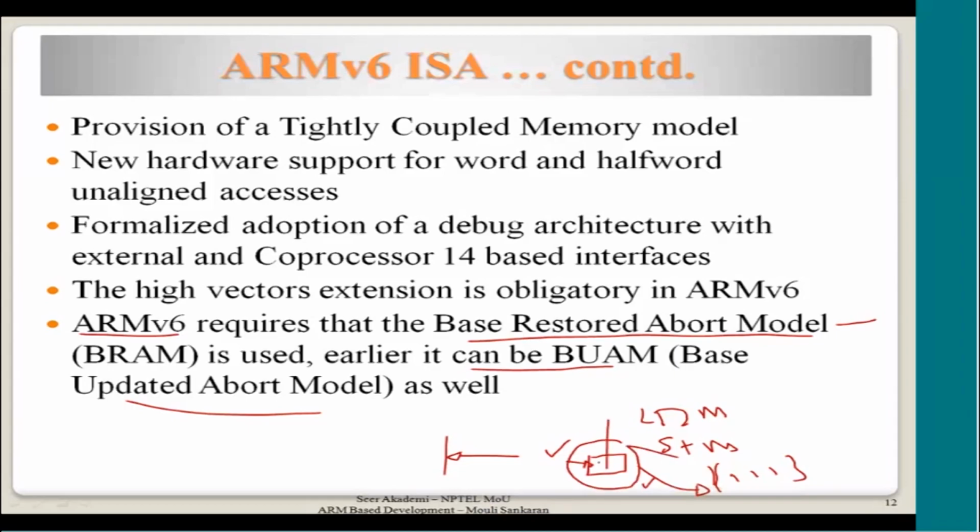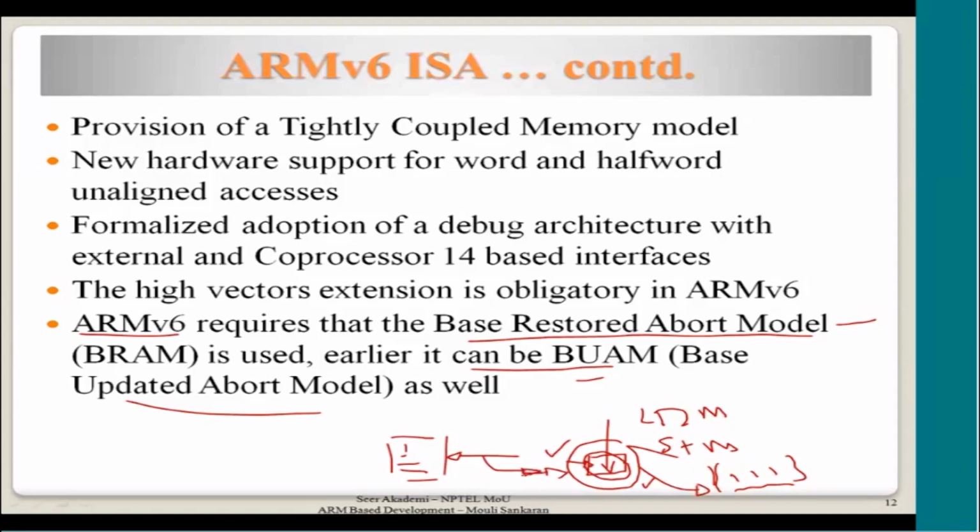So if it is restored, it is easier after the exception to restart the instruction because you don't see that the base register is changed when you enter the exception handler. Whereas in the previous case, it is updated. So the exception handler has to deduce from the instruction how many registers were in the register list and how many would have been updated, and then restore the base register value to the original and then restart the instruction.